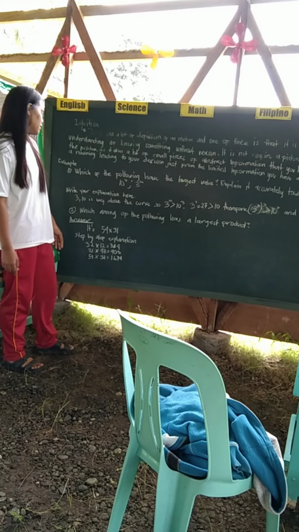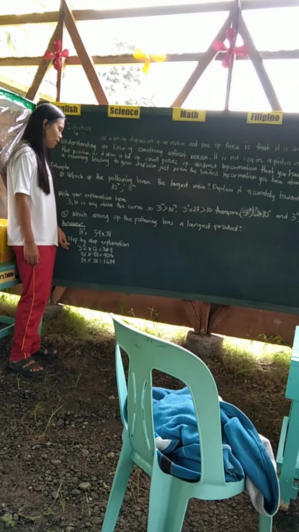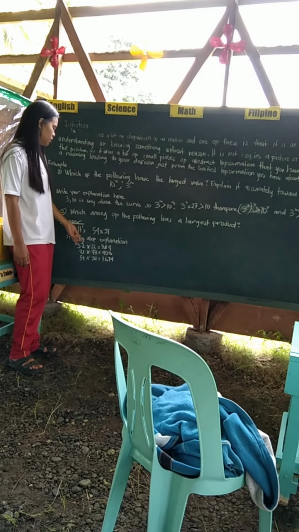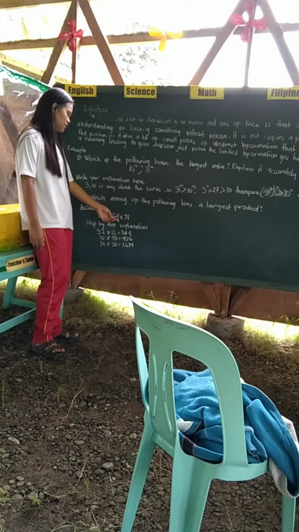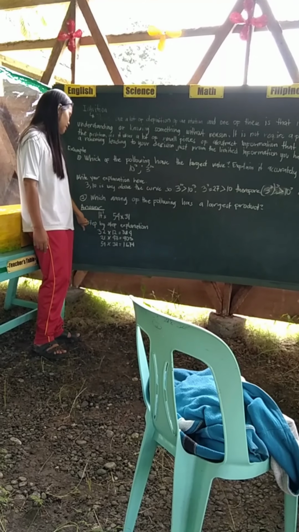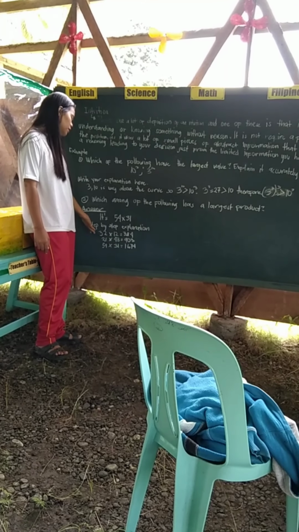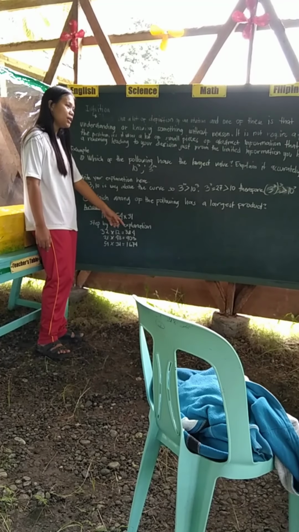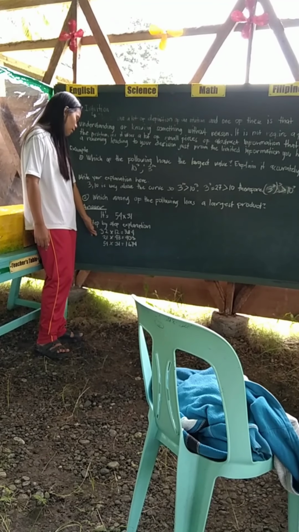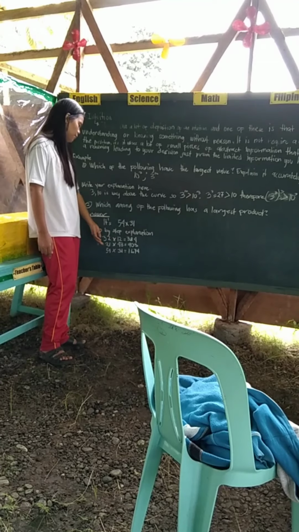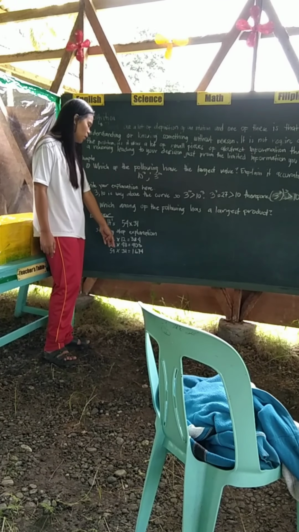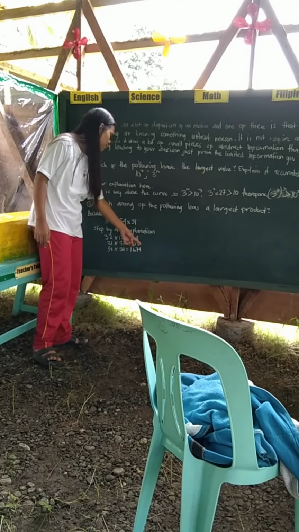So number 2: which of the following has the largest product? Answer: it's 54 times 31. Why? Step-by-step explanation. 32 times 12 is equal to 384. 21 times 43 is equal to 903. And 54 times 31 is equal to 1674.